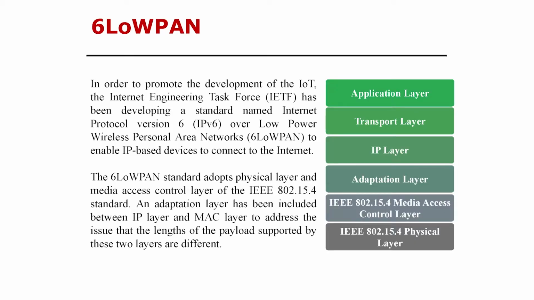Basically, as a physical layer, it is defined as IEEE 802.15.4, which traditionally is called ZigBee. Over that is the medium access control layer, which has control on the medium access.